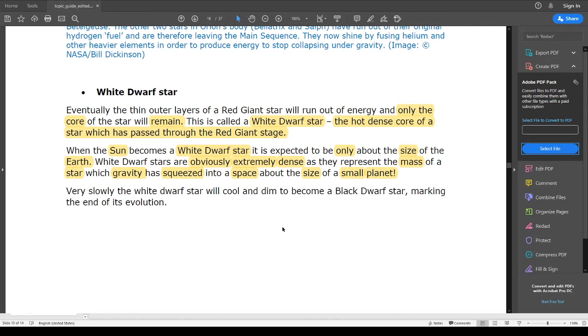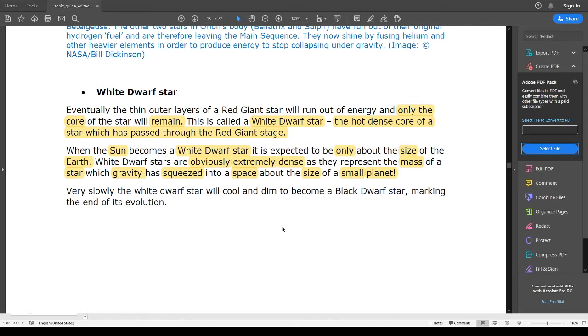So gravity basically squashes and squeezes the whole core of the star, because the core has most of its mass, right? So it's almost the mass of the star squeezed into a space about the size of a small planet. So it is extremely dense. It is very, very dense.